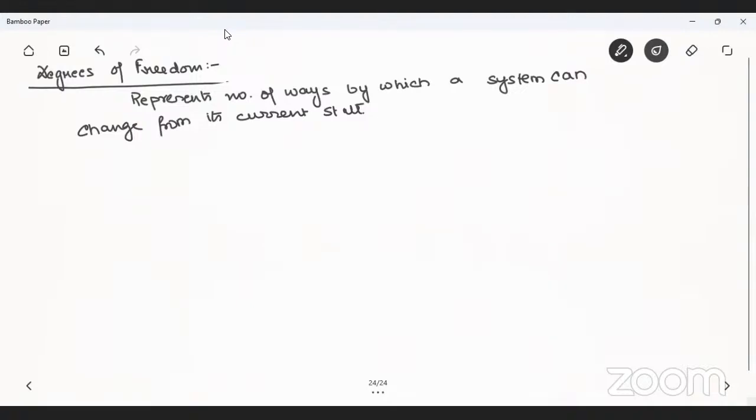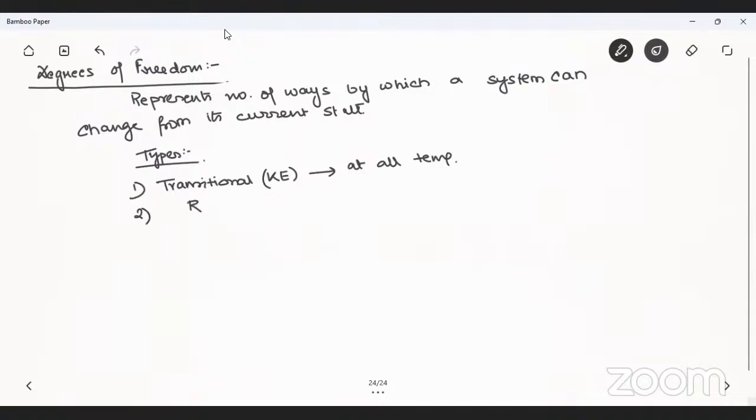So this is something like translational kinetic energy, rotational kinetic energy, vibrational energy, which involves kinetic energy and potential energy. So there are three types. One is the translational kinetic energy. It occurs at all temperatures, remember.